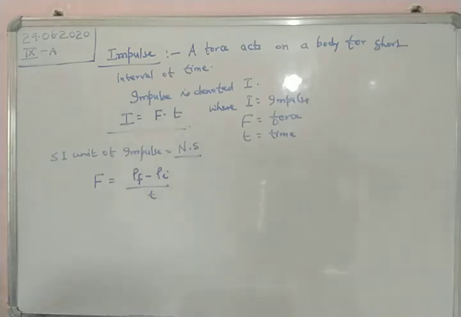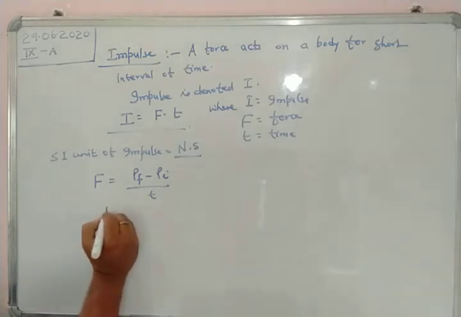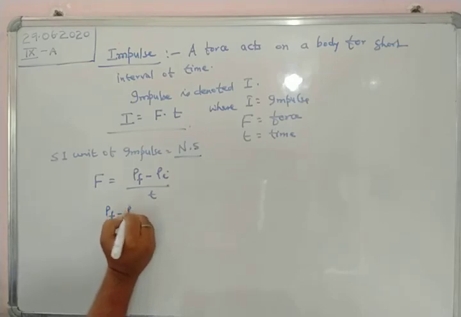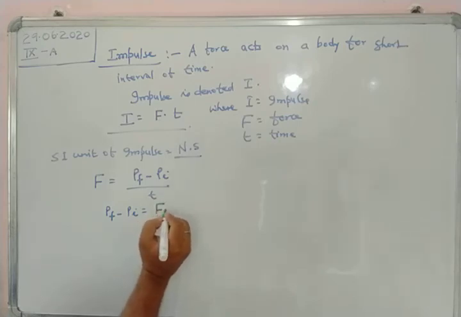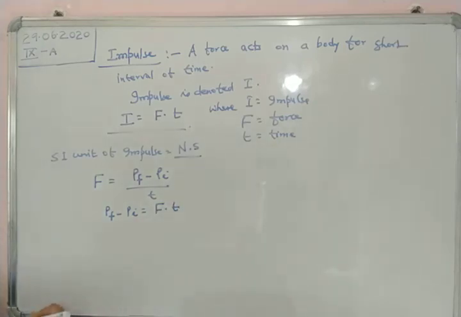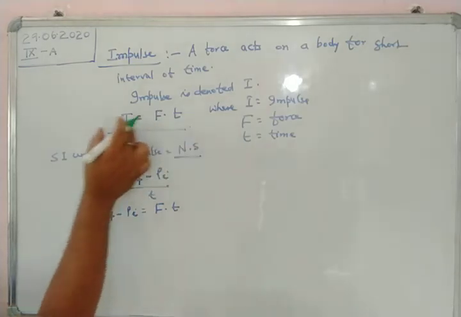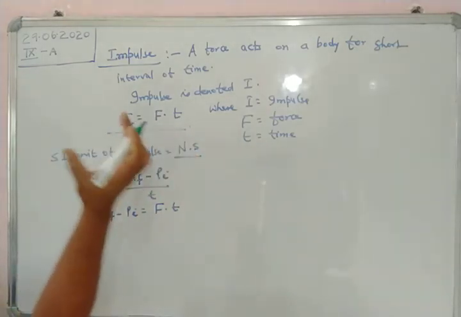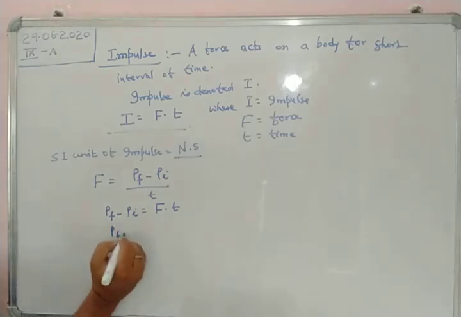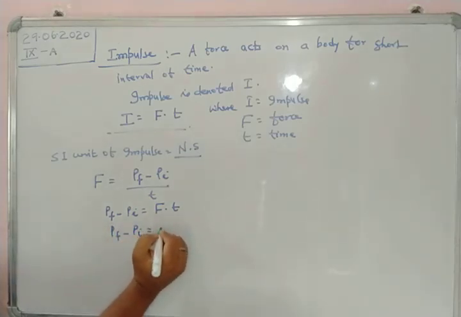This was the concluding relation which we just derived. So students, we can write Pf minus Pi equal to, if T is sent to the left hand side, it gives the product F into T. Now F into T is what? It is impulse. So we can write Pf minus Pi equal to I.